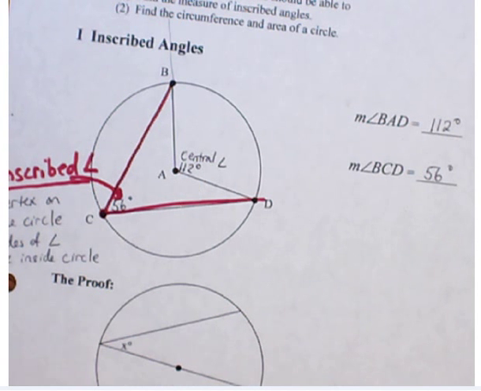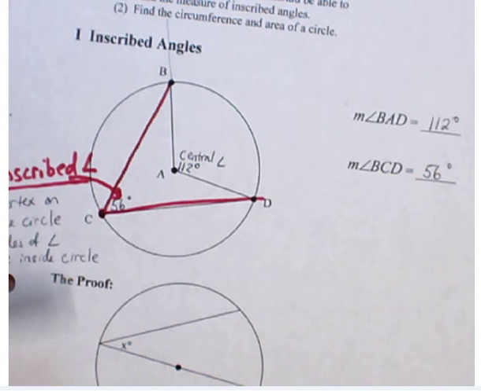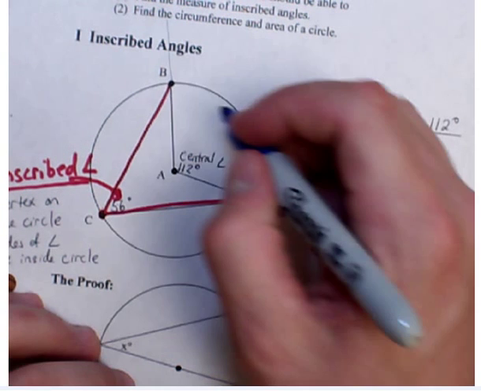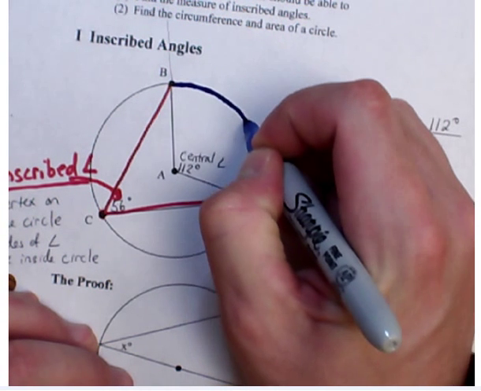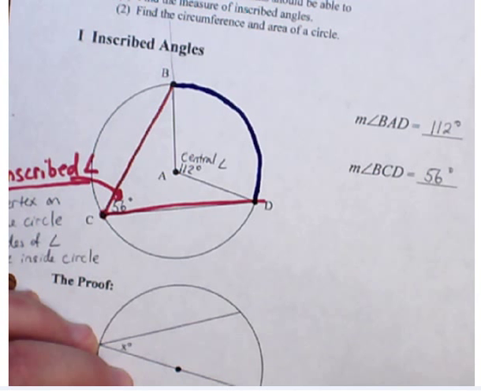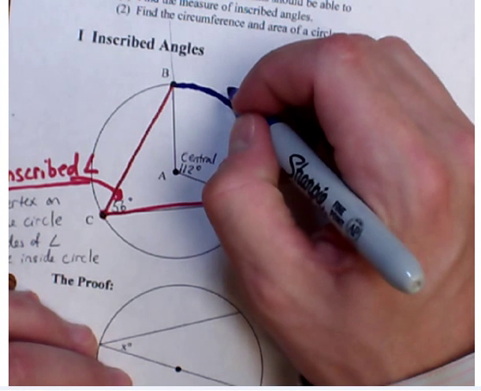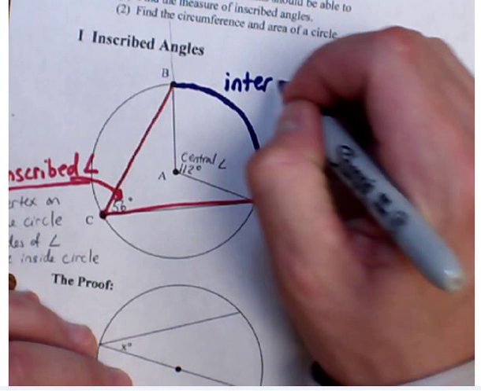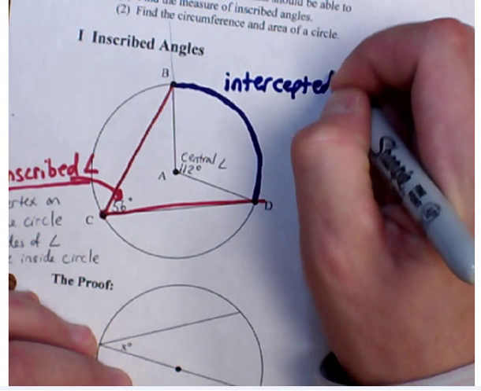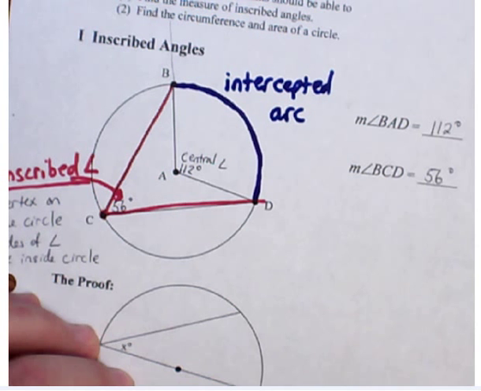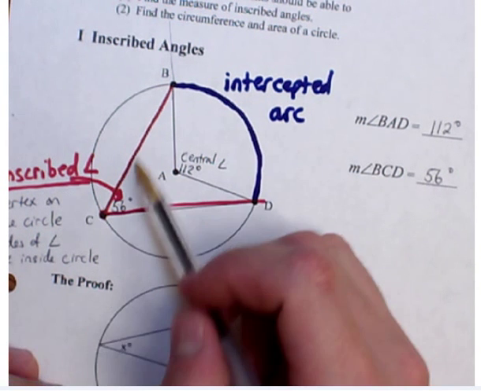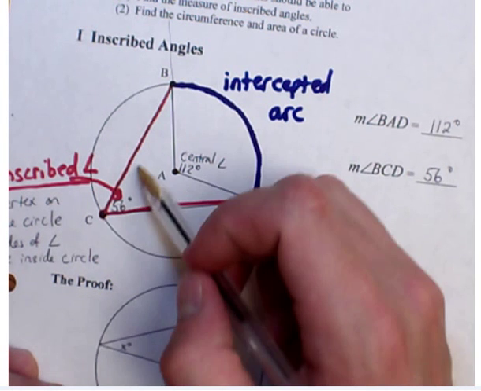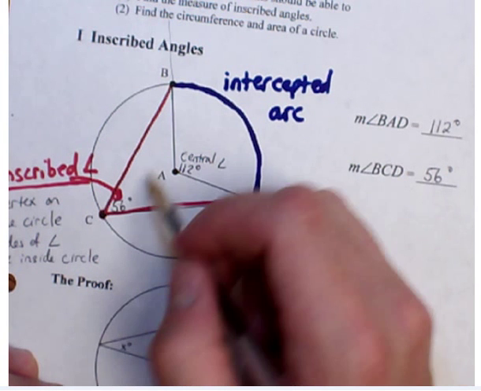One other piece of vocabulary I want to mention is the arc BD, which yesterday we talked about. This is a minor arc, and it is what we call the intercepted arc. If you trace out angle BCD, where do the two sides of the angle hit the circle?